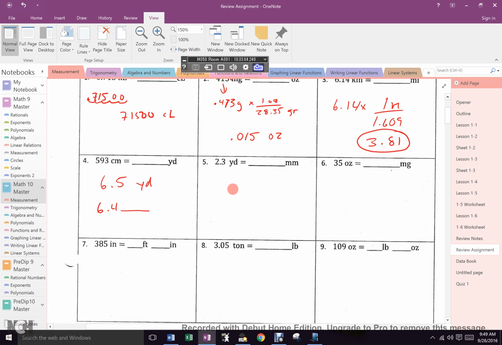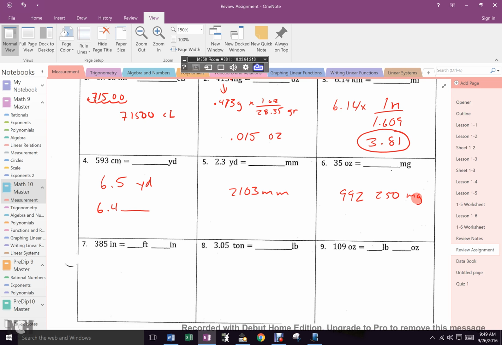This one was 2,103 millimeters. This one, same thing as up here. We had to do the double conversion, right? Get it in grams, then move the decimal. It was 992,250 milligrams.